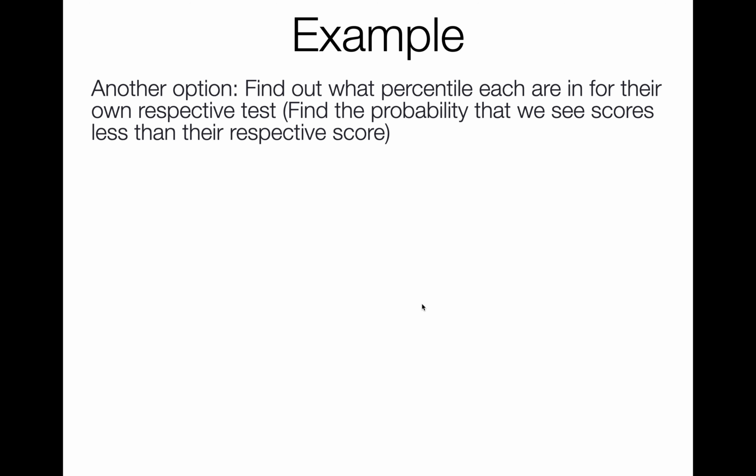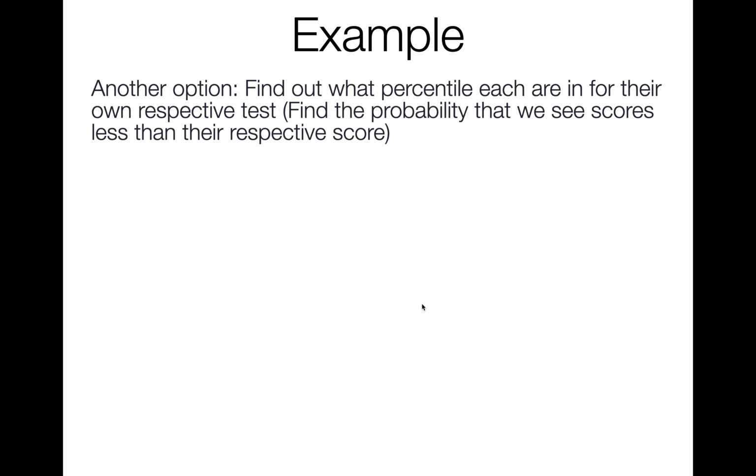For instance, if Pam scored an 1,800, and Jim scored a 24, I can't compare those apples to apples, but if I said that Pam scored in the 90th percentile of all people who took the SAT, and Jim scored in the 50th percentile of all people who took the ACT, then I can compare apples to apples. Clearly, being in the 90th percentile of an exam is better than the 50th percentile of the other exam.